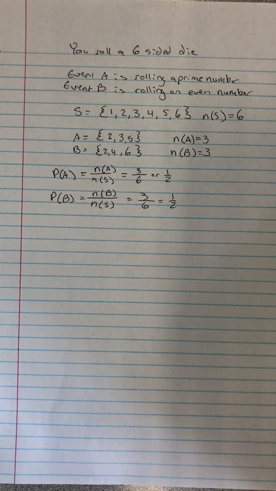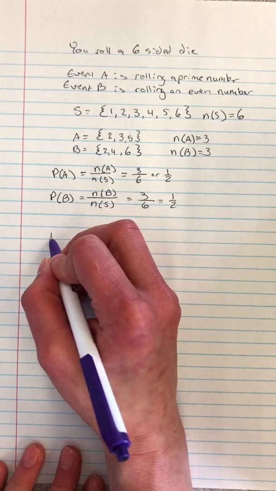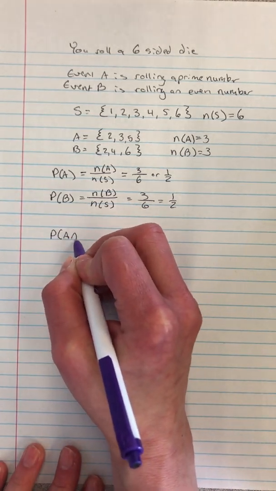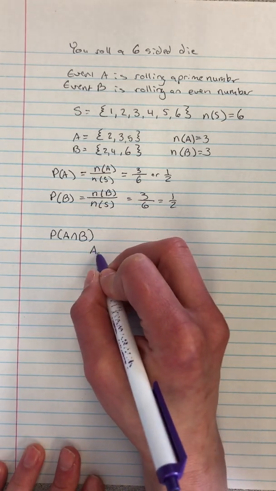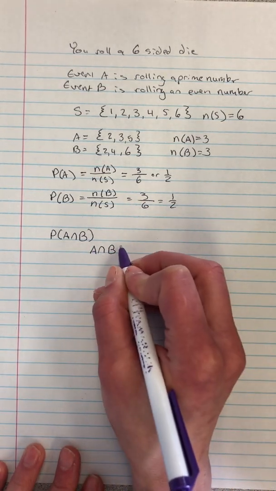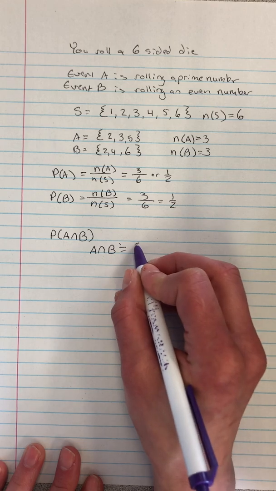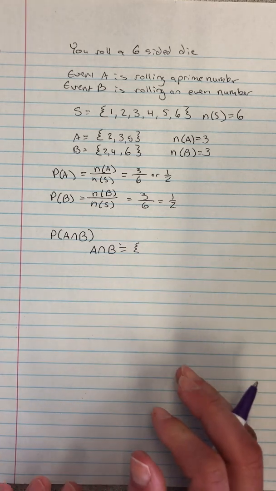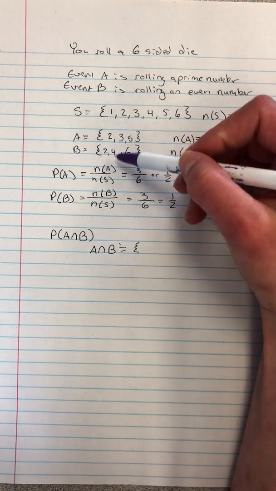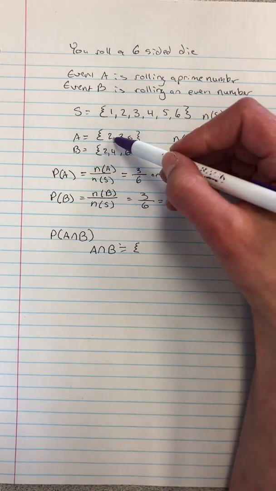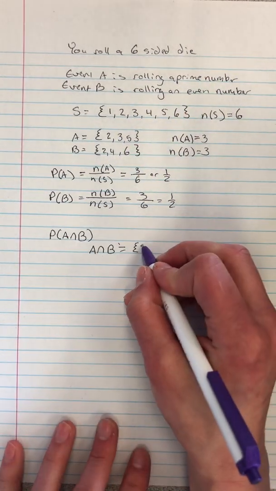Let's try the probability of A intersect B. Well, first off, let's write our set of A intersect B. We know the intersection of A and B is the numbers that they both share. So looking at my two sets, they only share a 2.